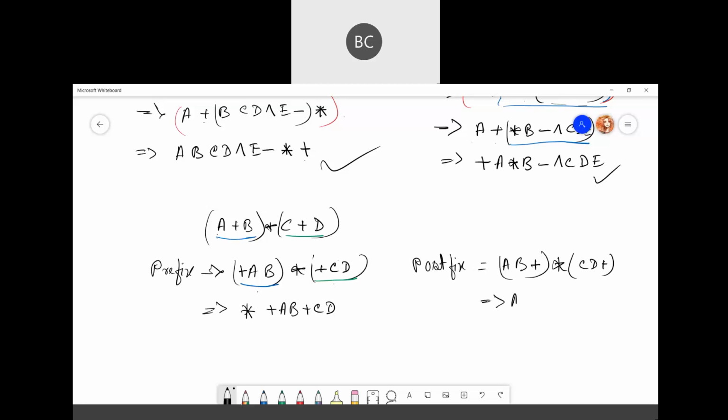Now we evaluate AB plus, then CD plus, and finally this multiplication will come. This is the postfix.